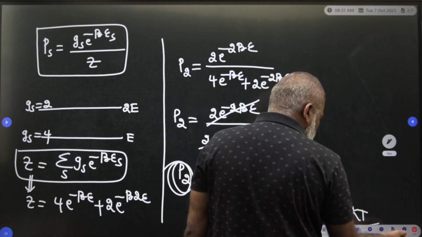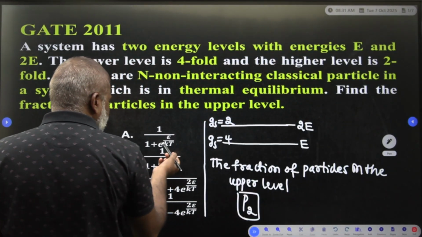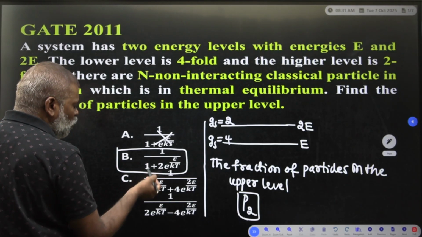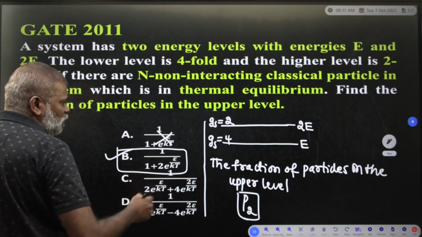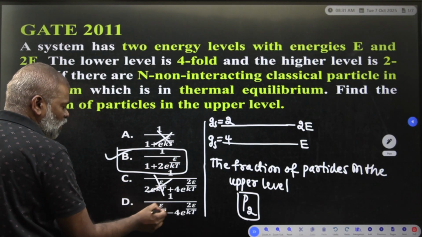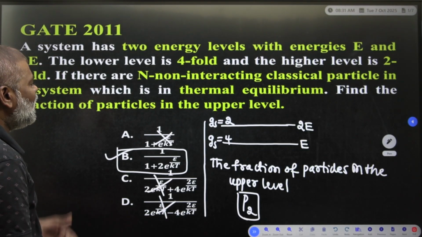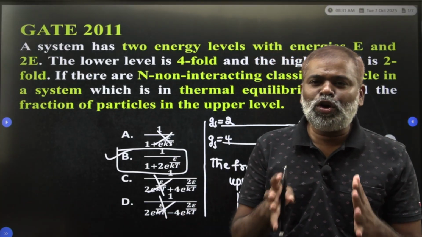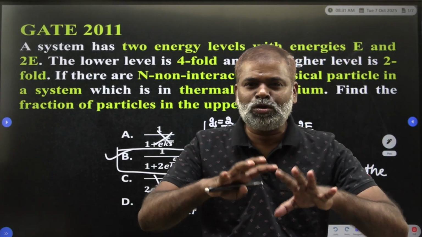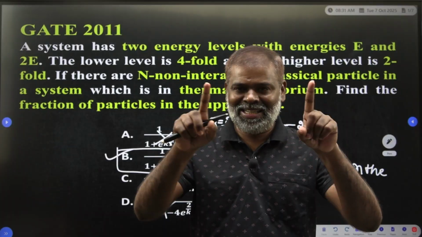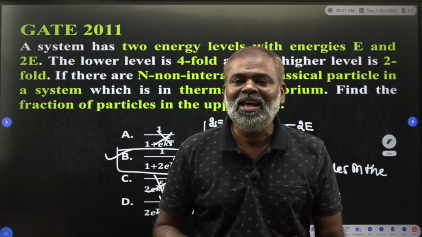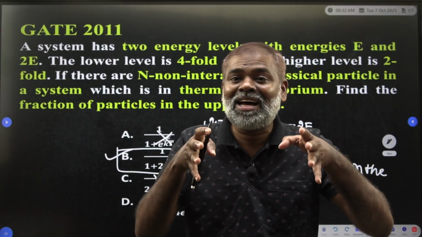Once you check the options, option B is correct: 1 by 1 plus 2 e to the power of E by kT. The others are wrong. You have to do it like this in your competitive examination. If you know the formulas and how to handle the question, that is the problem solving technical skill, then it is easy to get the answer.